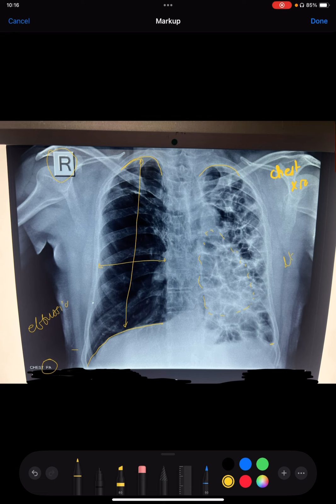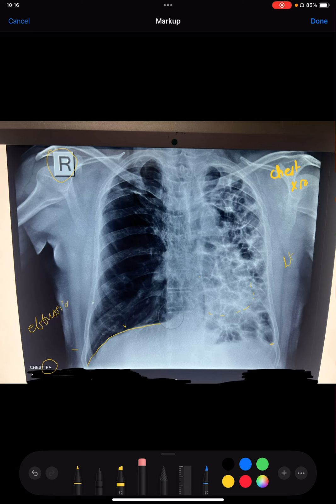So the lung is much more reduced on the left side, because lung is actually a translucent or kind of blackish structure. So this is all lung, which is very, very well visible here, but here it is not.